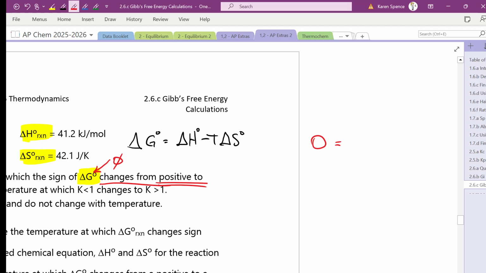And delta H is equal to 41.2 kilojoules. Let's get rid of the per mole here because otherwise it doesn't work consistently. Okay.